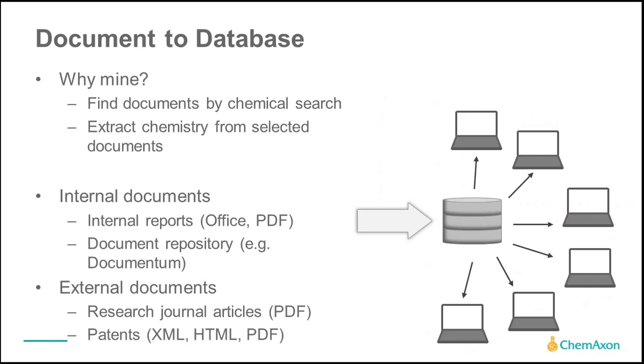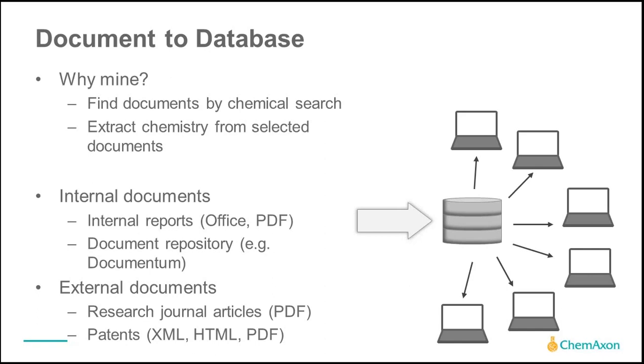So what you want to achieve really is to be able to maintain a repository of documents where you can just type in a name of a molecule or draw a chemical structure, and based on this chemical information you want to be able to search in your document repository. And this is what Document to Database does. So it allows you to mine in all the documents that contain relevant information for your projects and do this using a database backend.